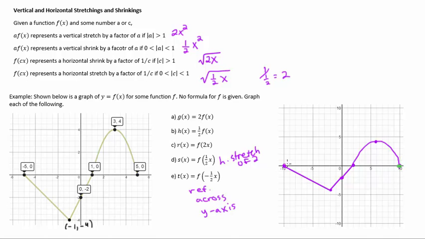So this -10, 0 goes over here. -2, -4 goes to here. This stays the same. This goes to here. We have 6, 4 there. So now the parabola is on this side with our lines on this side. See, it looks like a reflection.